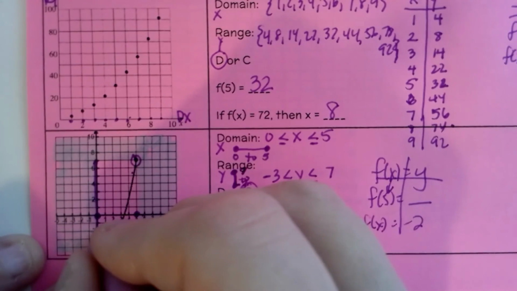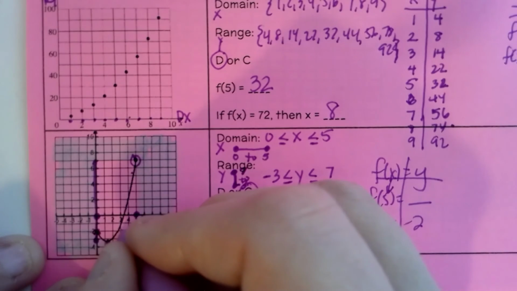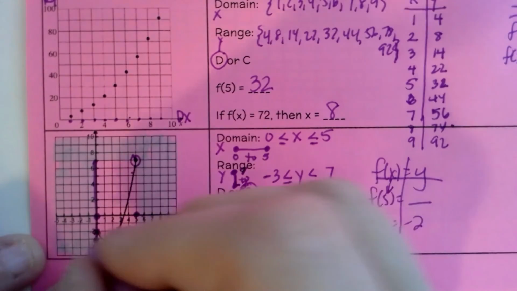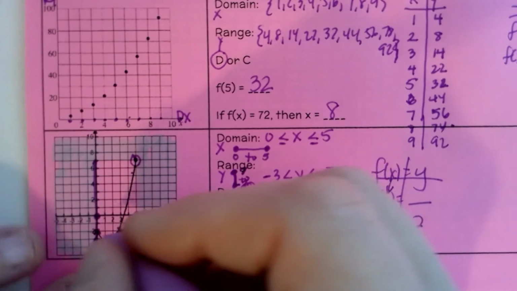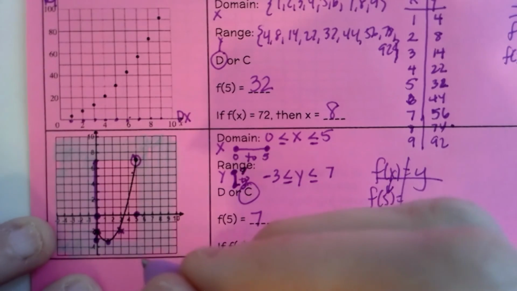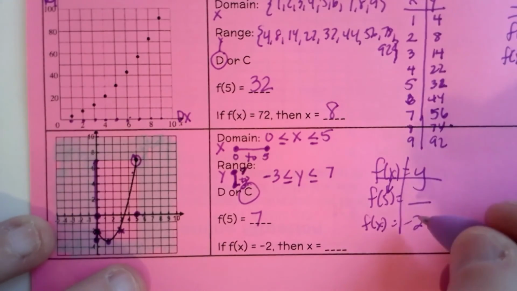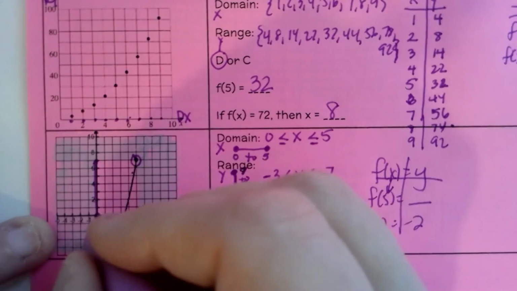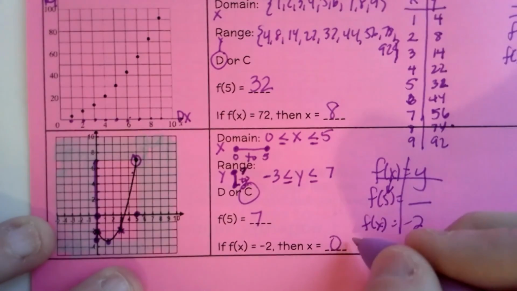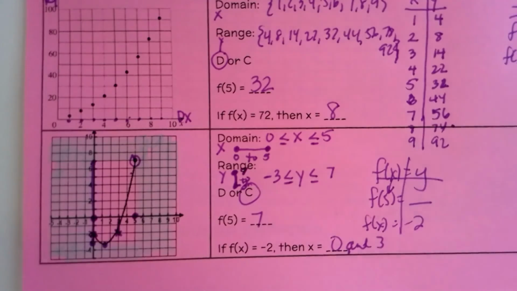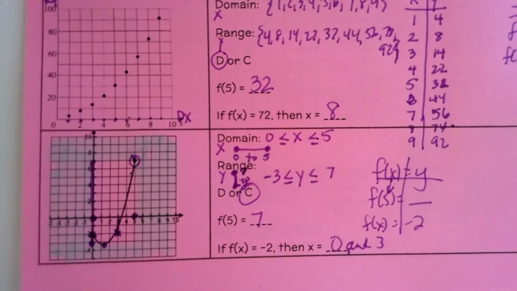So when x is negative 2, it looks like I got 2 values. Okay, so x is, we're going to say we have 0. And let's just say 3, okay? But it's probably closer to like 2.5 or 2.75, and any of that would be okay.